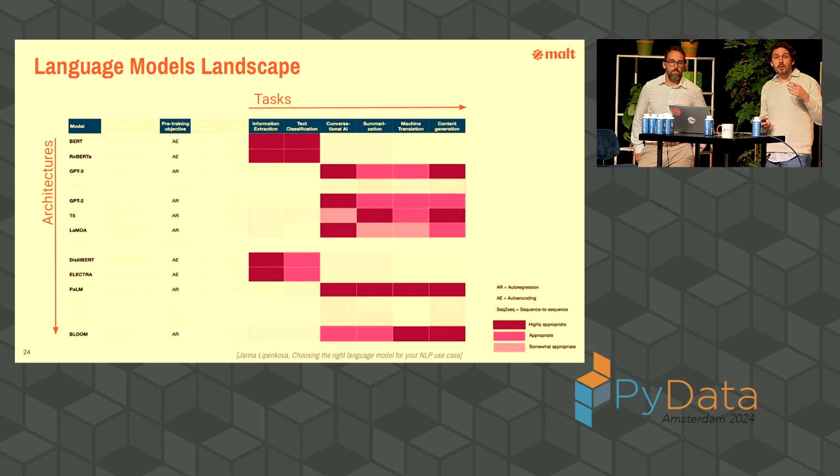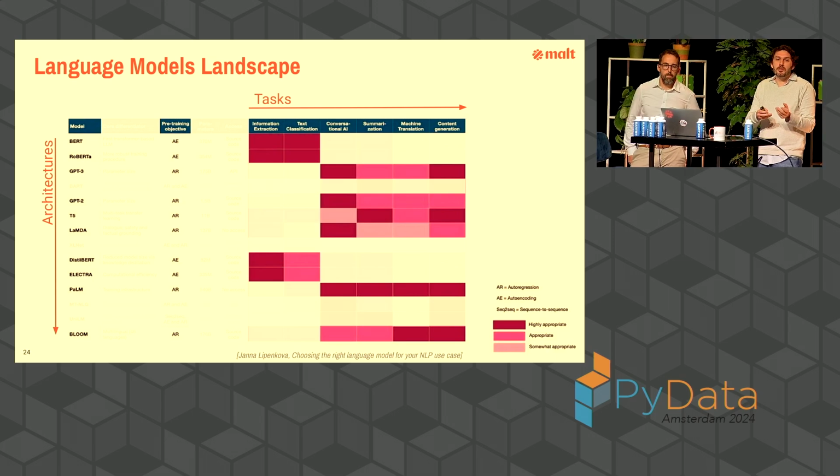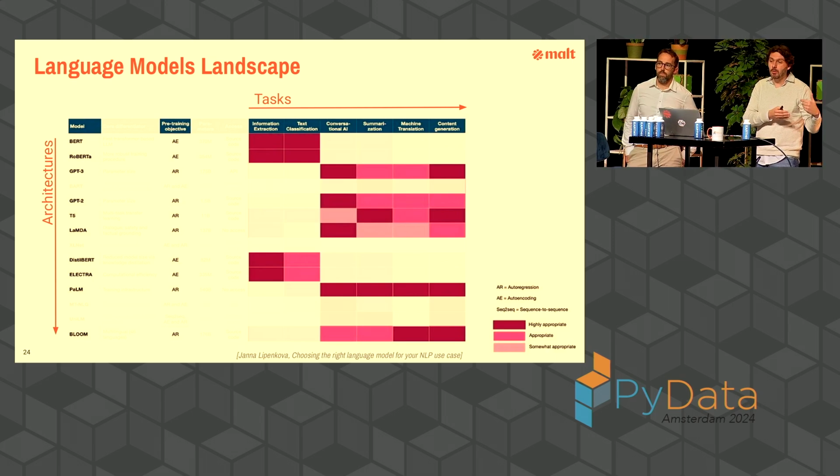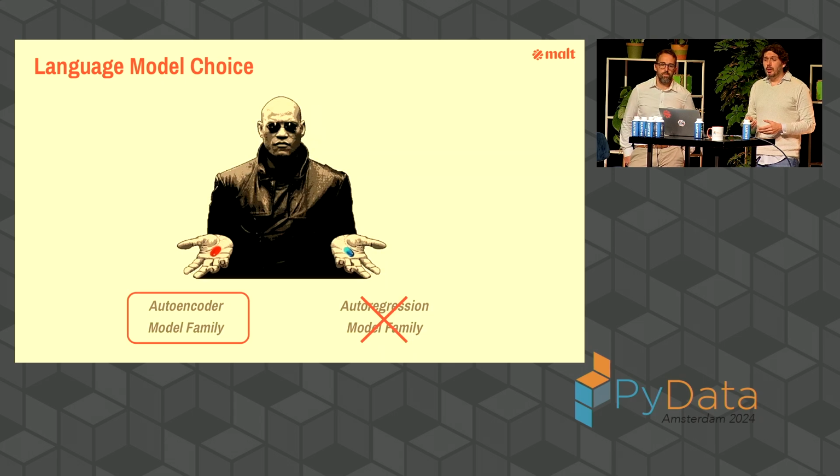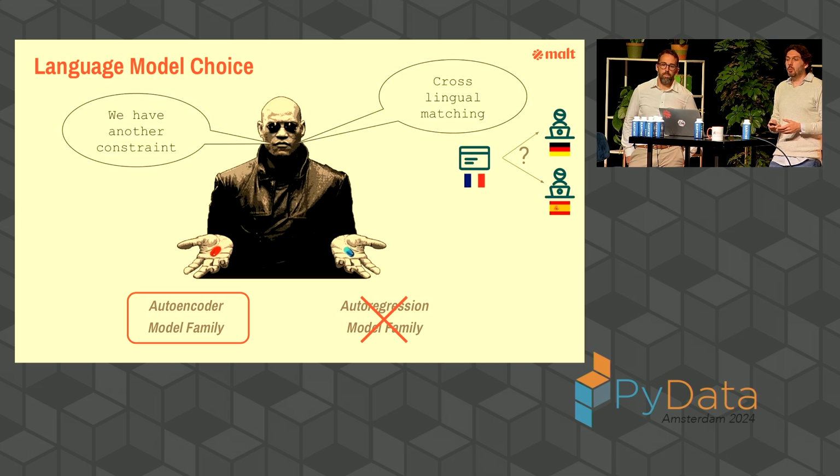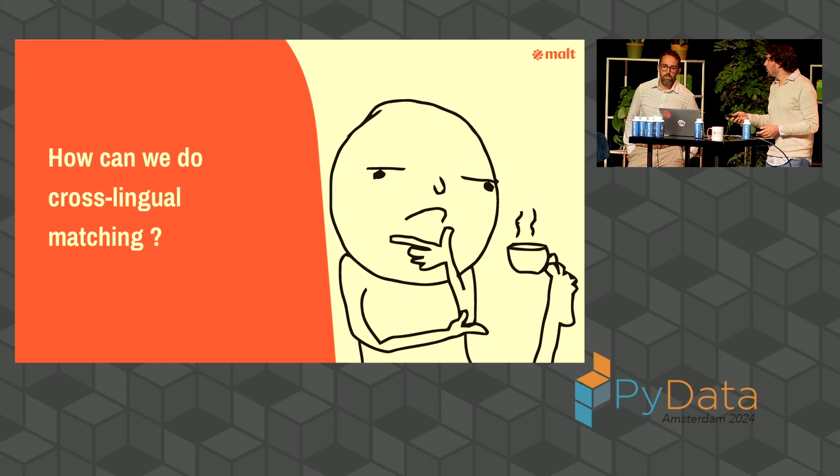When a model is trained in auto-regression, meaning it's just next word prediction, seeing only what is before the word, it's better for content generation. Whereas when models are trained using auto-encoding, seeing the full sequence, they're better for extracting information. So in our case, we don't want to use GenAI models. We want to use encoder models. But if you recall what I said earlier, we have another constraint, which is that we want cross-lingual matching. So the big question is, how do we do cross-lingual matching?